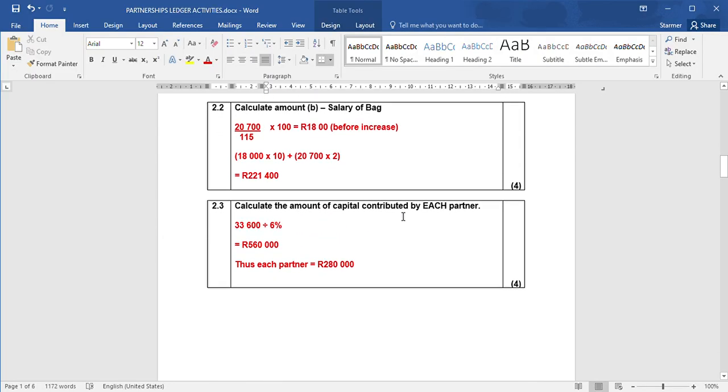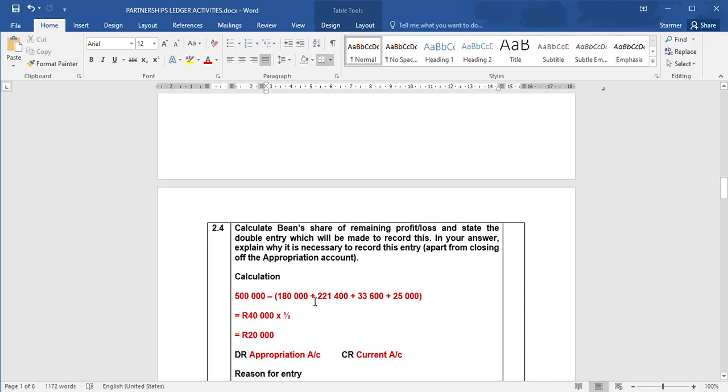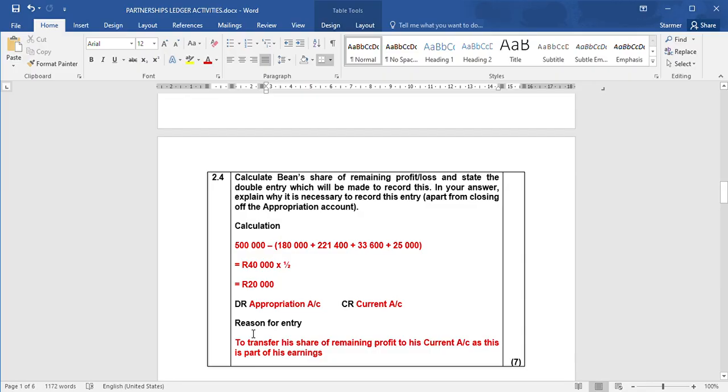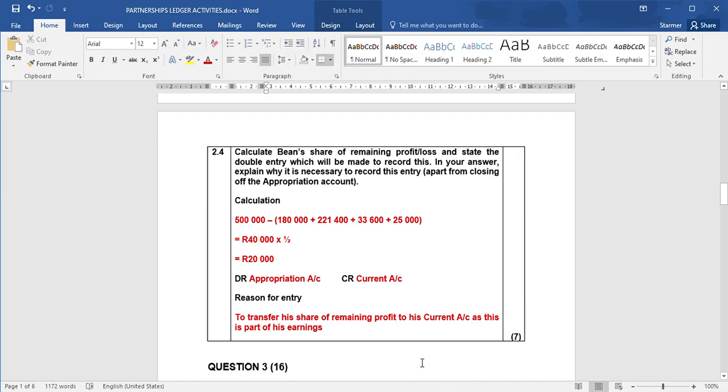So in other words, half of that remaining profit will get given to Bean. The double entry to close off appropriation is to debit it, and you credit the current account because that's a share of profit, so it increases Bean's earnings. And then the reason for the entry here is, as I've just mentioned, so that you're going to transfer his share of remaining profit to his current account, as this is part of his earnings.